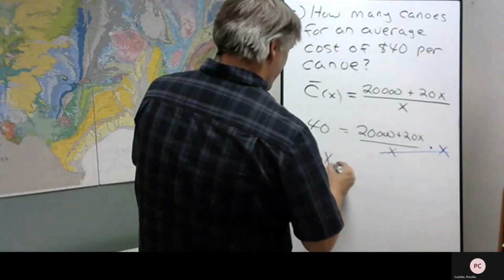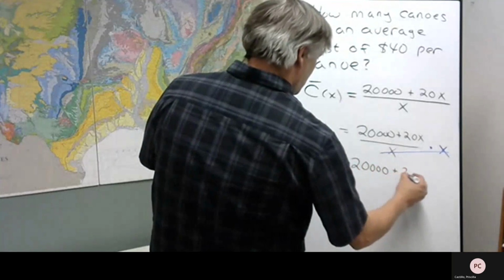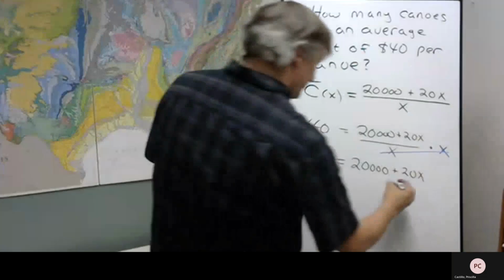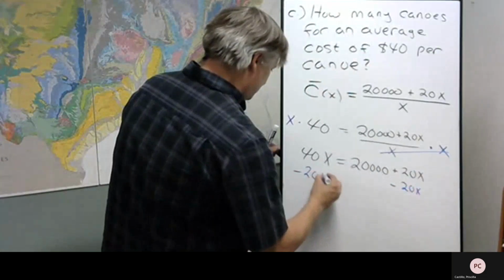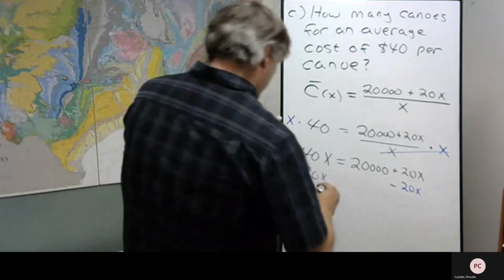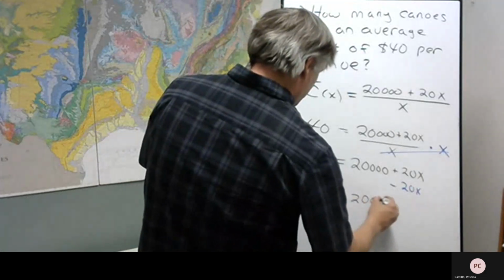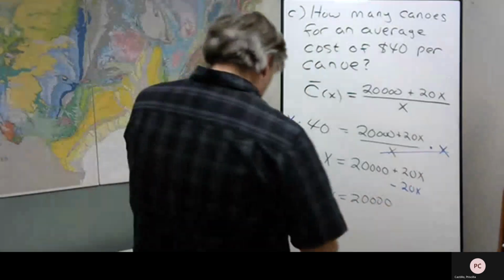40x is 20,000 plus 20x. Subtract 20x. We'll get 20x equals 20,000. Divide by 20.